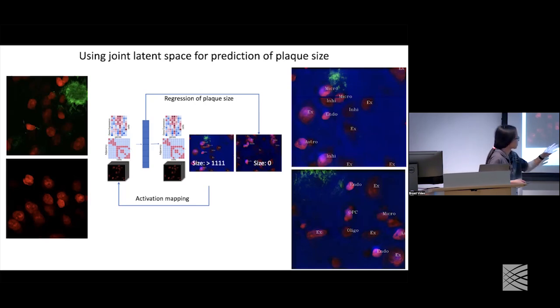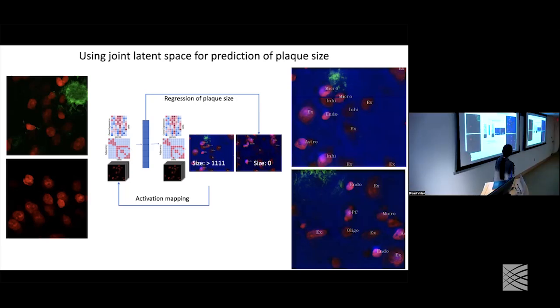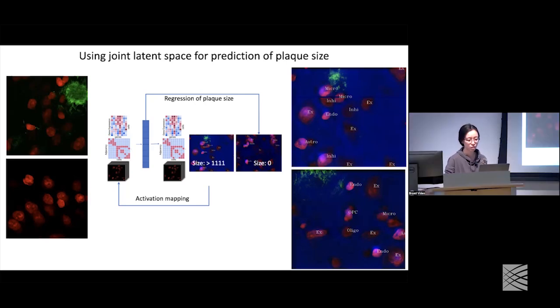So here's the result of this regression model, and the goal of this is not to predict the size accurately, but more to look at which region of the input image is predictive of a plaque nearby. If we look at the image on the right, the green is the amyloid beta plaque, the cell chromatin is in red, and the blue is a measurement, through activation mapping, of how predictive that pixel is to the prediction of plaque.